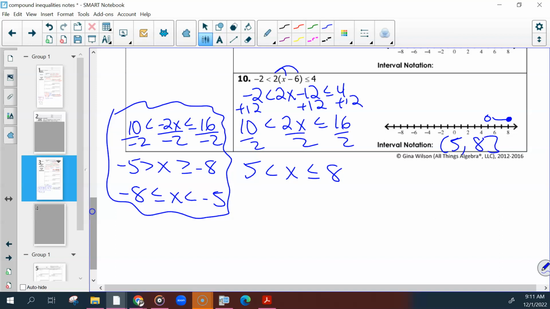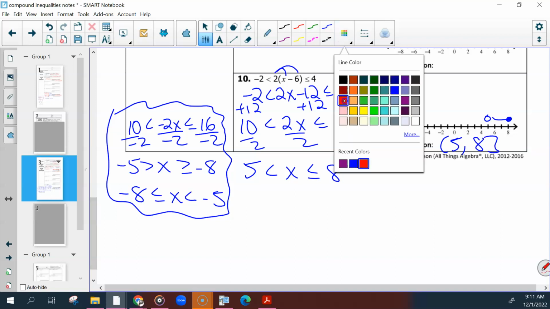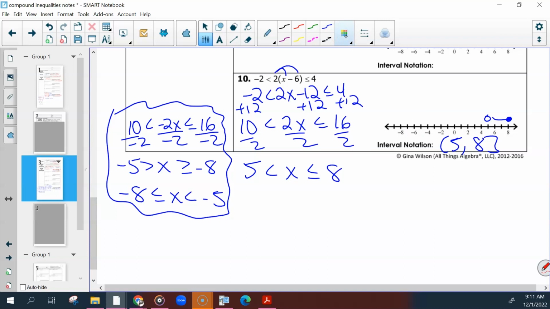If you wanted to make sure this is indeed where they overlap, x is less than or equal to 8 would be a closed circle at 8 going to the left. Reading this backwards, x is greater than 5 would be 5 going to the right, and that is where they overlap.